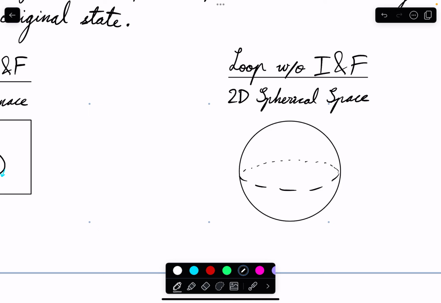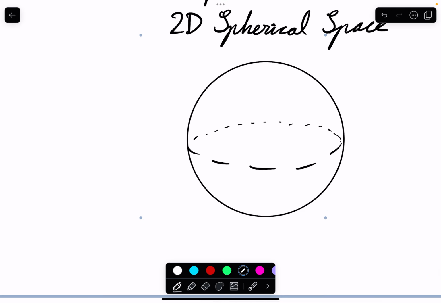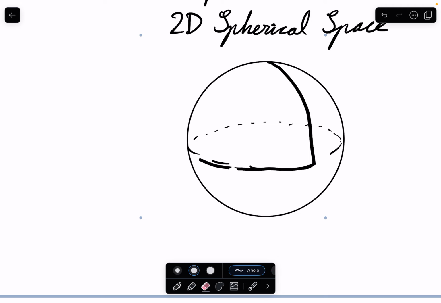Okay, so we have a sphere, but then let's say that, for the sake of argument, I'm going to draw a pretty simple loop. I'm going to draw one that goes down like this, and then like this. So the starting point and final point are the same. This is indeed a loop.